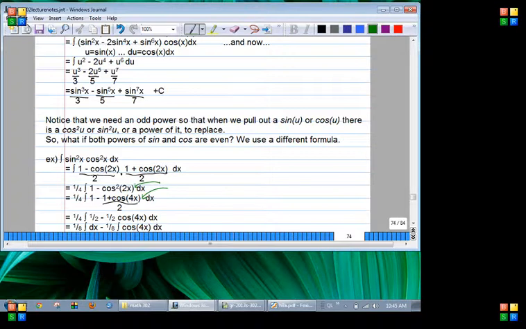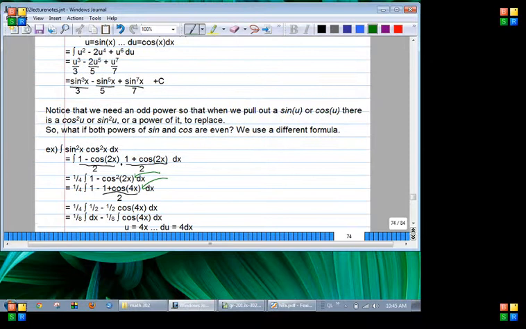U equals 4x. Yeah. This is just the integral of cosine. It's very easy once we stop worrying about the 4x. And when you stop worrying about it, you just do a substitution. U equals 4x, du equals 4dx.